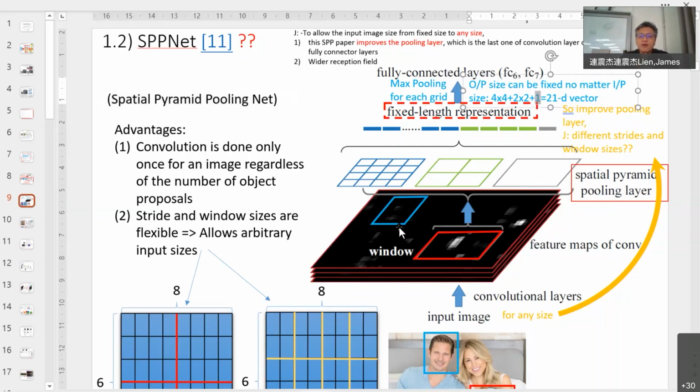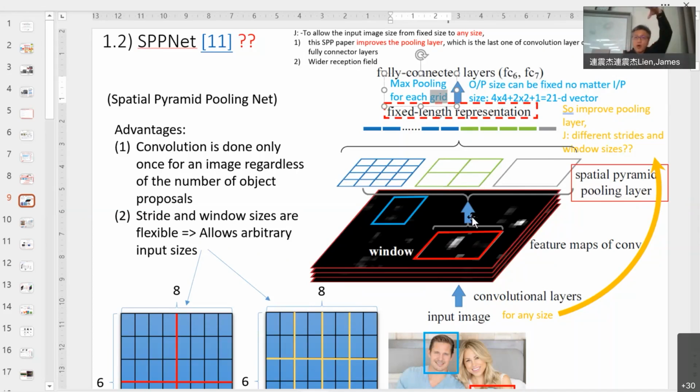You can also divide it by 4. We call this a grid, so 4 grids, and in each grid you do maximum pooling, not 2 by 2. But remember, it's not just one map, it's across the entire set of maps.